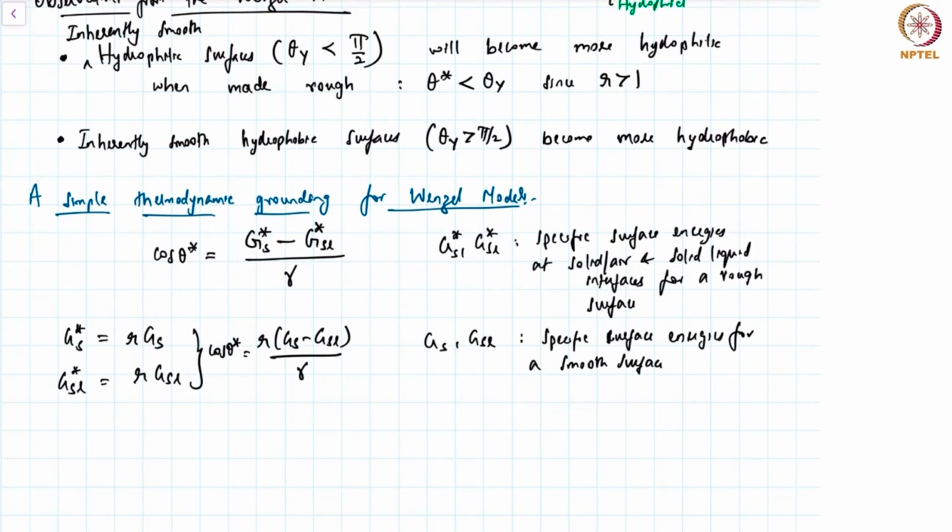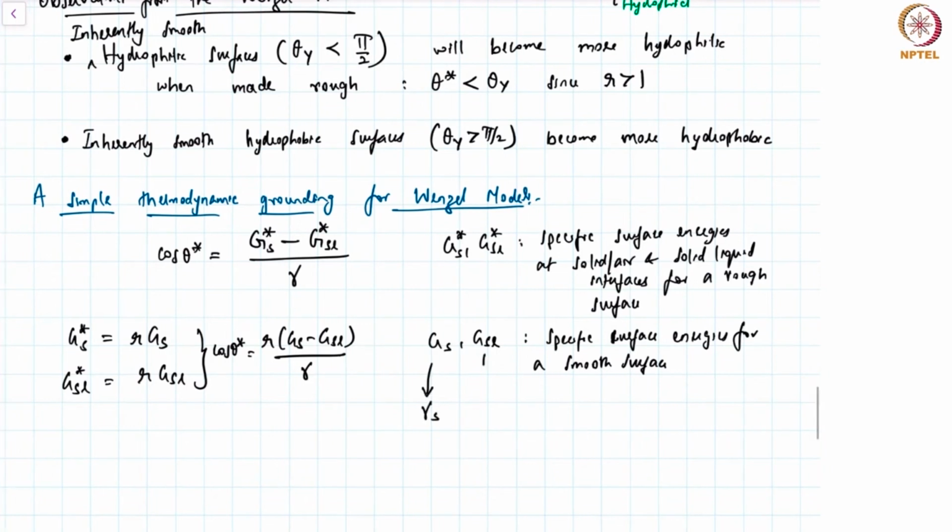Now we already know that GS is simply the surface energy of the solid. We'll just call it gamma S, and this GSL is the specific surface energy of the solid-liquid interface, that's just gamma SL, and therefore I simply have R times gamma S minus gamma SL by gamma.